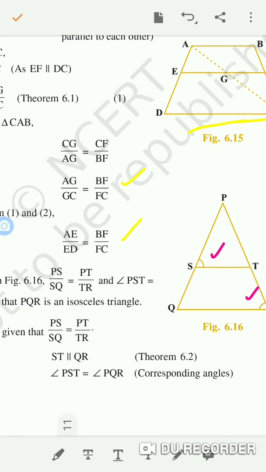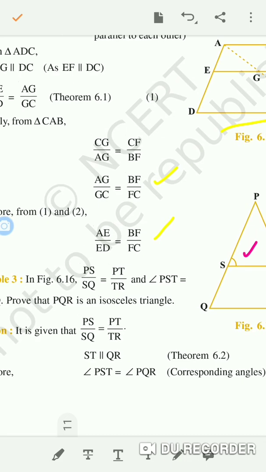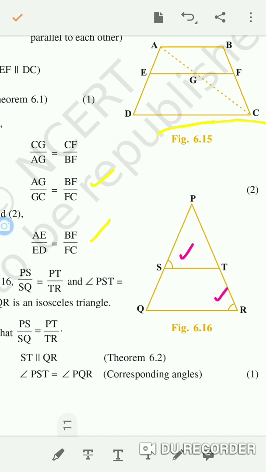It is given PS upon SQ equal to PT upon TR, and ST is parallel to QR is also given. Why? Because PS upon SQ is equal to PT upon TR. So due to the basic proportionality theorem, we can say that ST is parallel to QR.